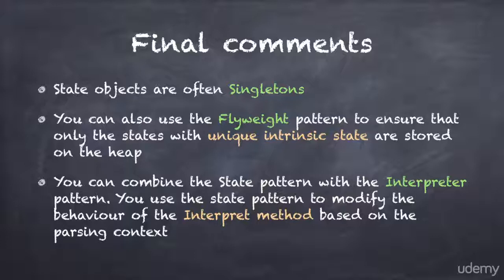You can also combine the state pattern with the interpreter pattern. Interpreters often have a parsing context that determines how they will respond to sequences of expressions. You can use the state pattern to modify the behavior of the interpret method based on the parsing context.